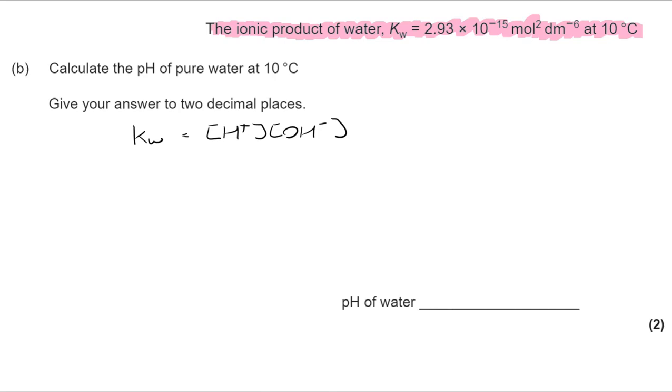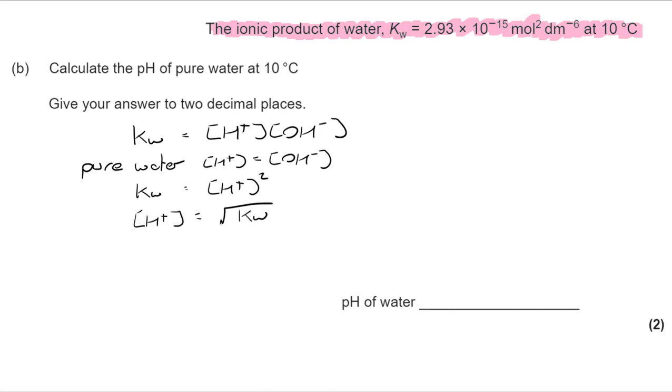So we can be quite confident that in pure water, the concentration of H plus is equal to the concentration of OH minus. If that's the case, I can simplify the Kw expression. Kw is H plus squared. Rearranging that to make H plus the subject, I can now substitute the Kw value in.